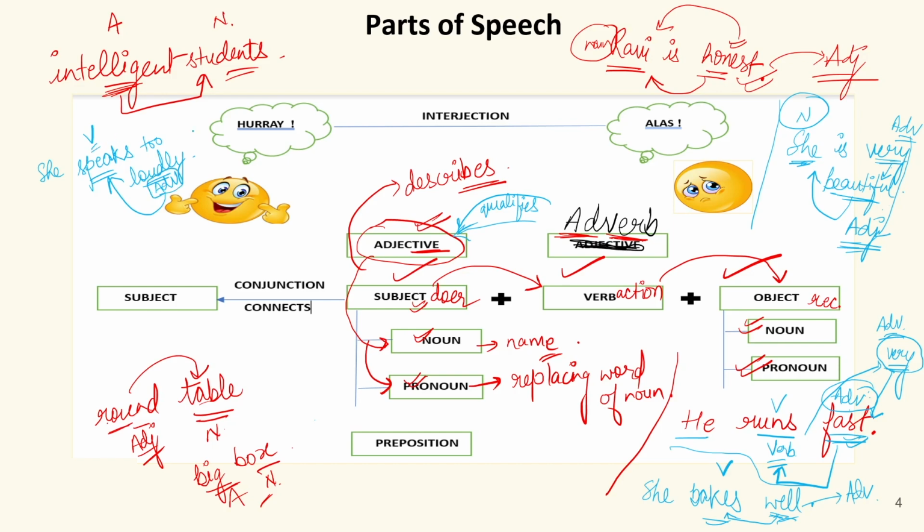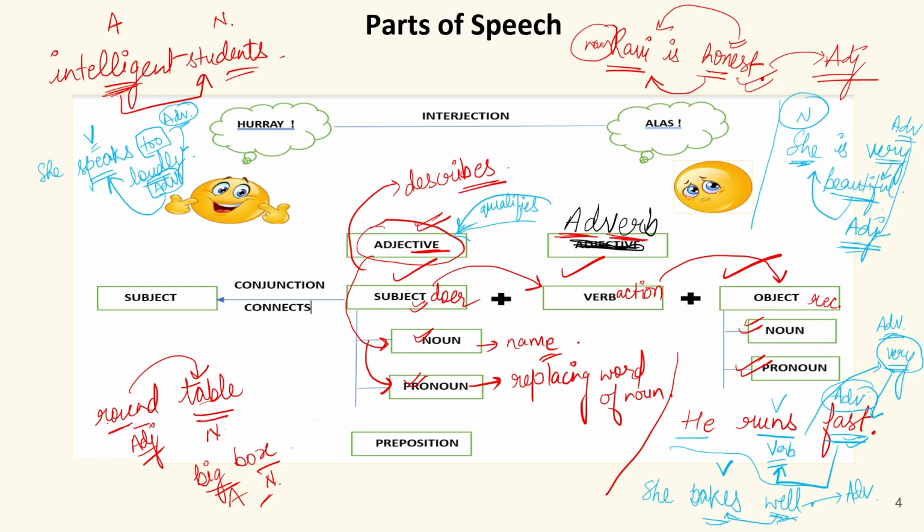Now if I say she speaks too loudly, so too is enhancing the quality of loudness, the quality of this adverb. So too is emphasizing the word loudly, so too is again an adverb over here. So adverb is qualifying adverbs as well. So we can conclude over here that adverb is a word which qualifies a verb, an adjective and itself. I hope this is clear to you all.